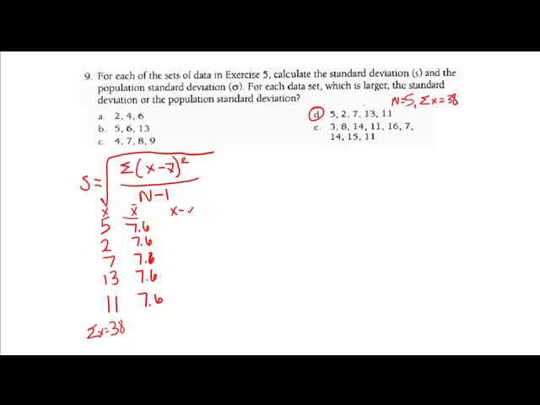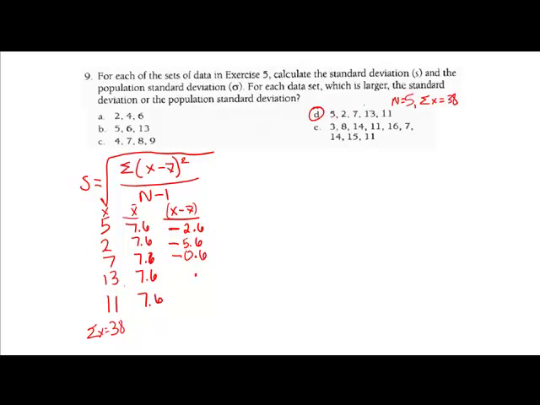Now if I do X minus X bar, I've got a decimal point here, so it's going to look a little bit more complicated, but 5 minus 7.6 equals negative 2.6. 2 minus 7.6 is equal to negative 5.6. 7 minus 7.6 is negative 0.6.